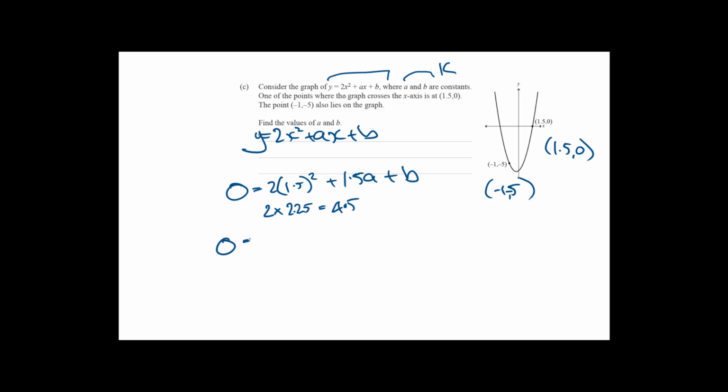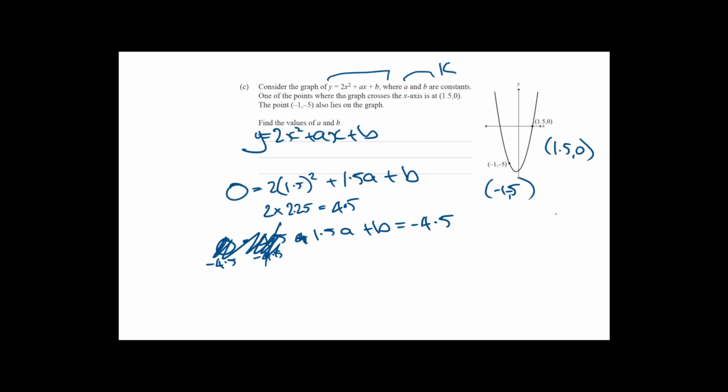So 0 equals 4.5 plus 1.5a plus b. And let's bring this 4.5 across here, -1 minus 4.5, just so I can see where we're going. We're going to need to create a set of simultaneous equations.